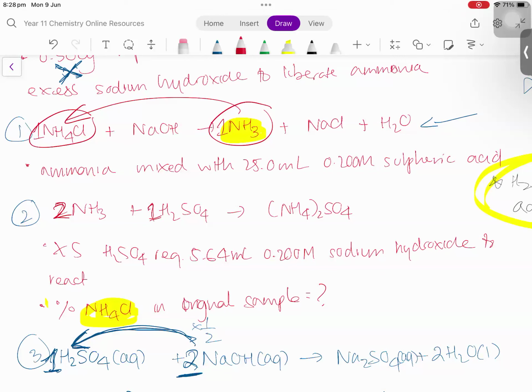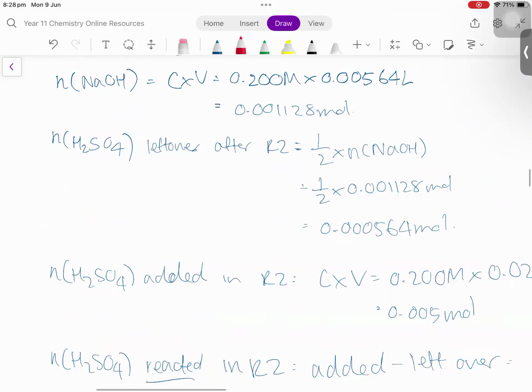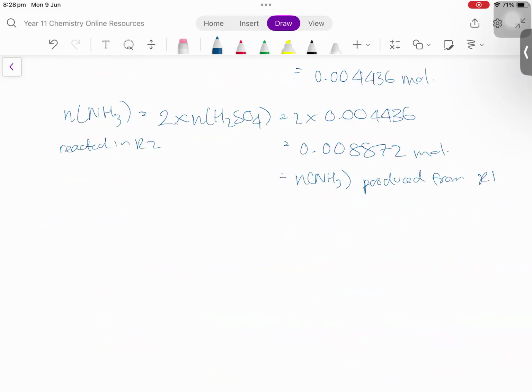So the answer is nothing. I do nothing. It's the same exact moles. I just have to label my working out carefully. So moles of NH4Cl, it's a 1-to-1 ratio, so it's the same as your moles of NH3, which is your 0.008872 mole.